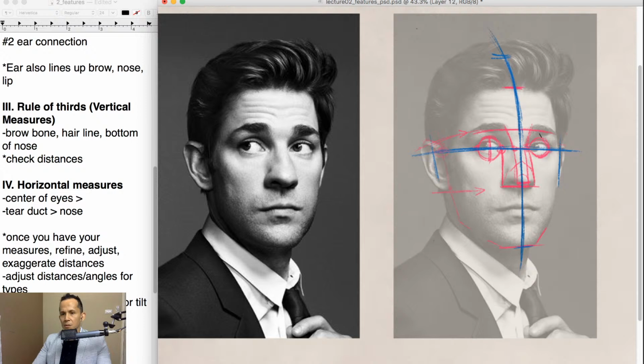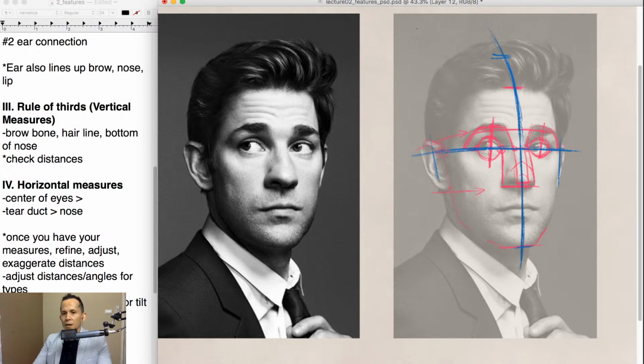That's one way to do it. If it's not visible, another clue is to follow the brow bone. So now you have the architecture, the structure, the bone behind it, and you cut that in half. You cut that in half, right, these two sides.